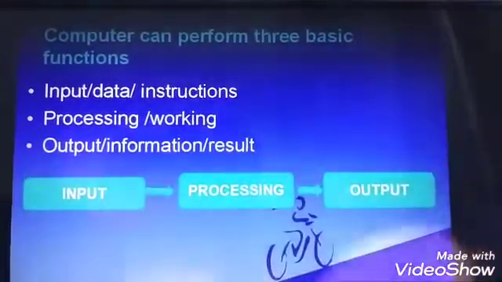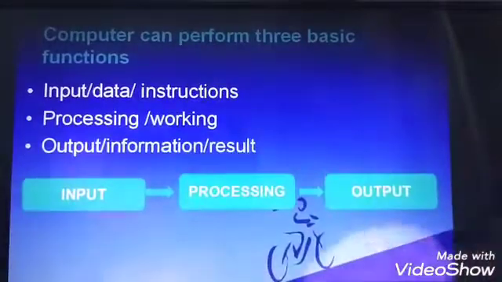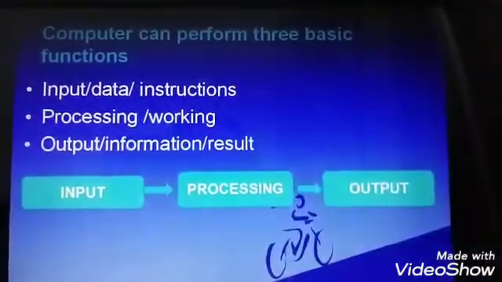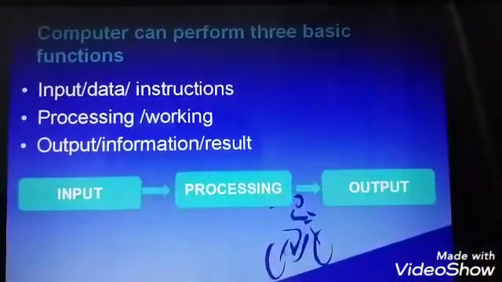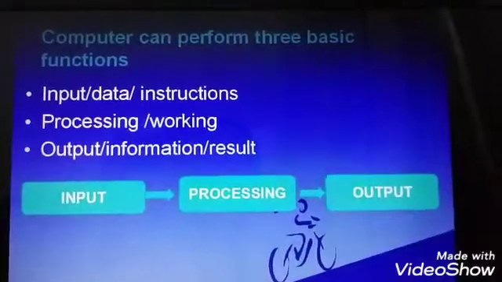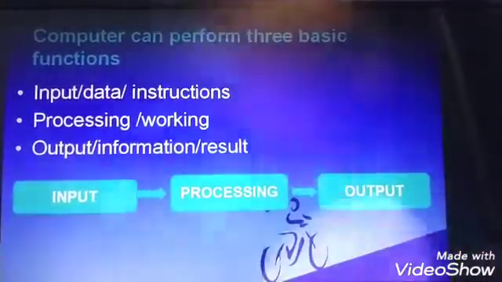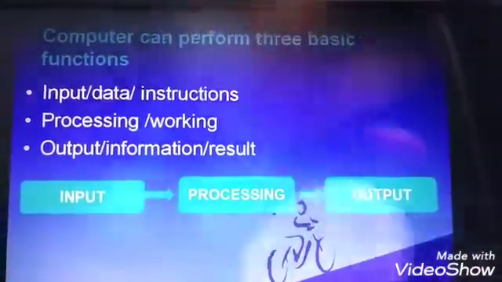Number 2, processing. The computer thinking or working on data is processing. Output is the work as information and result. Information and results are very important and very useful for us.